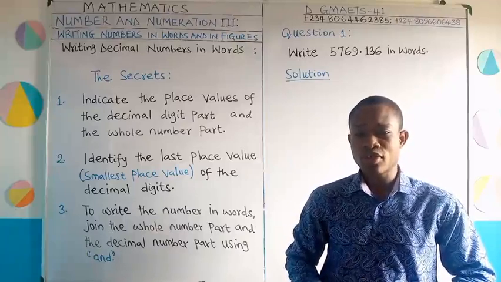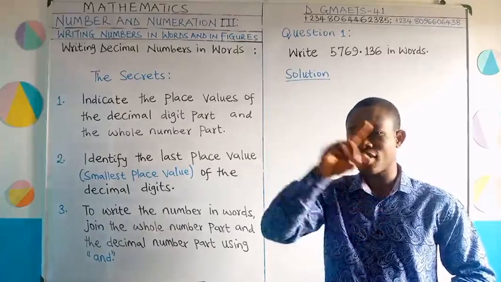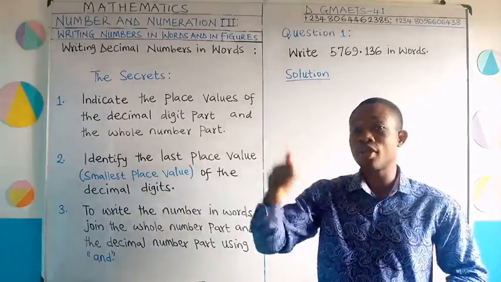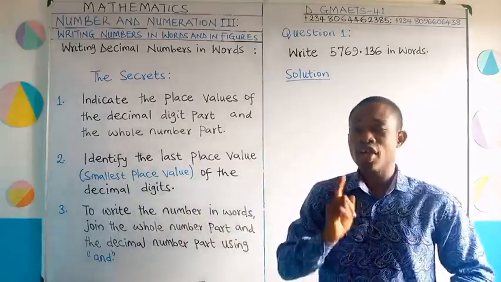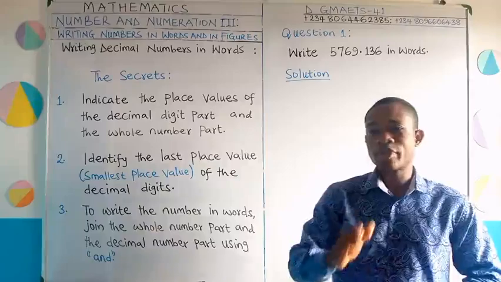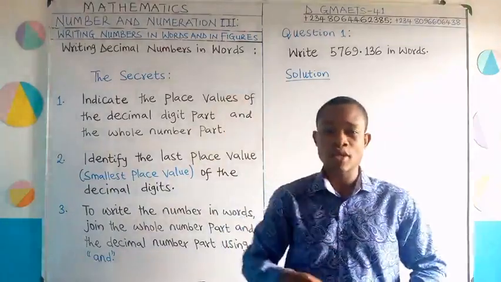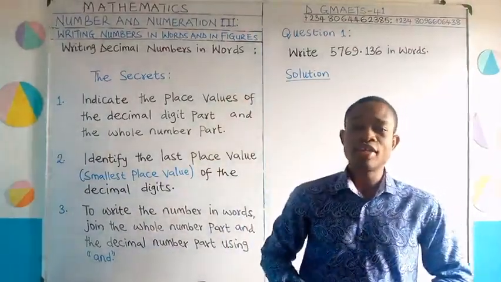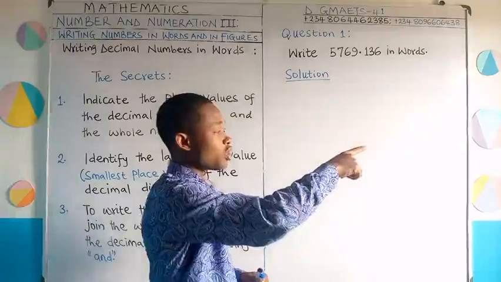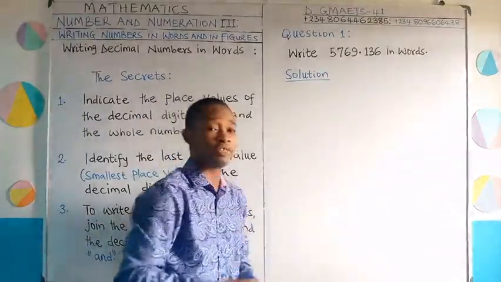But before we move on to the secrets, let me give you the general idea of how you pronounce decimal digit parts in a number if you want to write it in words. You are expected to pronounce all the digits at once, and then you mention the last place value, which of course is the smallest place value.